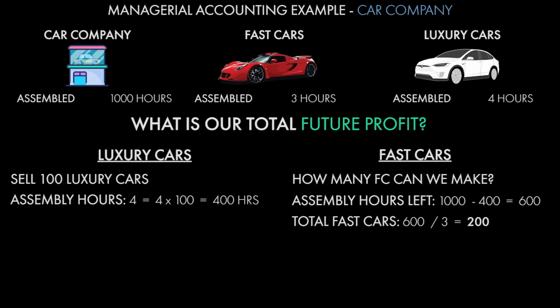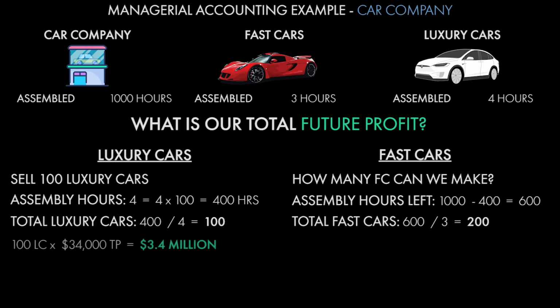So what's our total throughput profit going to be if we make 100 luxury cars and 200 fast cars? We just start looking at some of those numbers we looked at earlier and start multiplying them together. 100 luxury cars times the $34,000 in throughput profit per car gives us $3.4 million in throughput profit from our luxury car sales. 200 fast cars times the $12,000 in throughput profit per car gives us $2.4 million in throughput profit from the fast cars.